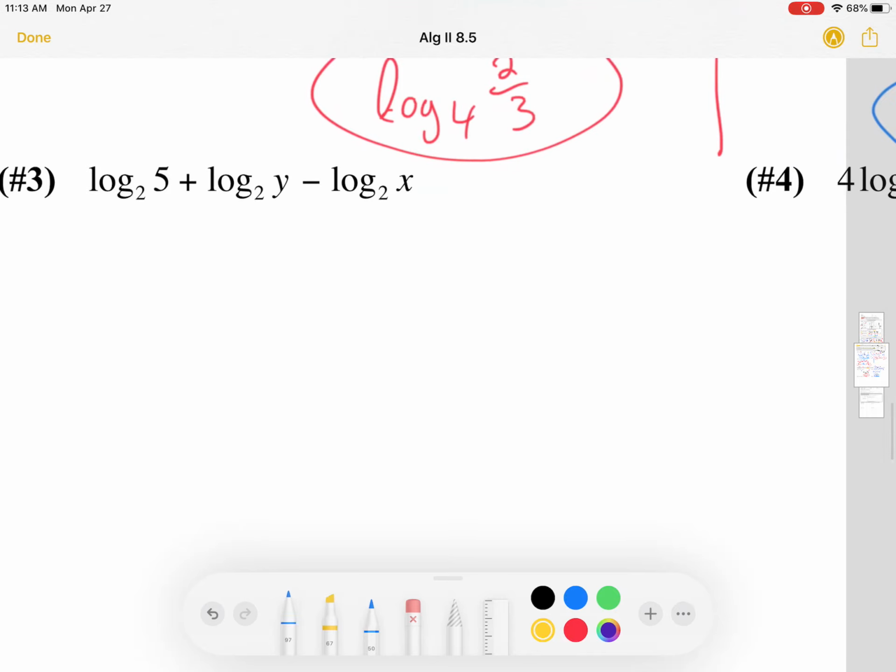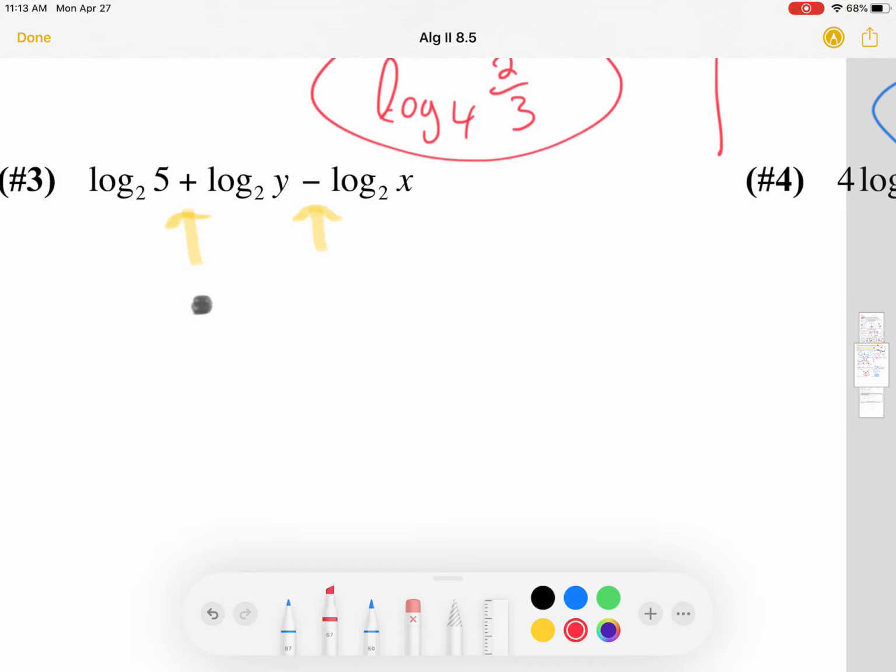Okay, number 3. First of all, we have the same base, 2, 2, 2. That means we can combine. So the first thing we do when we combine is we look for a number out front. Nothing there, nothing there, nothing there. So that means I'm not going to move anything up to the exponent like I did in number 2. So now I'm going to look at my signs. Adding here, subtracting here.